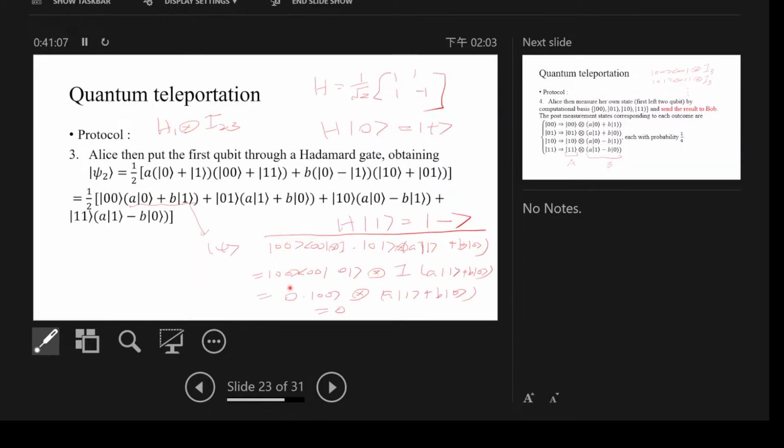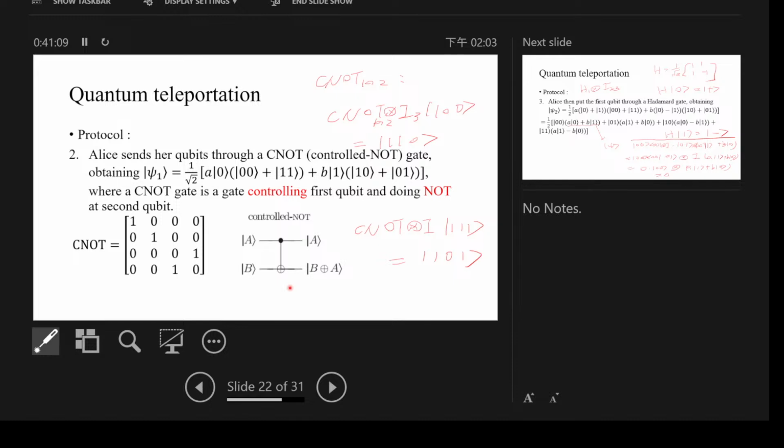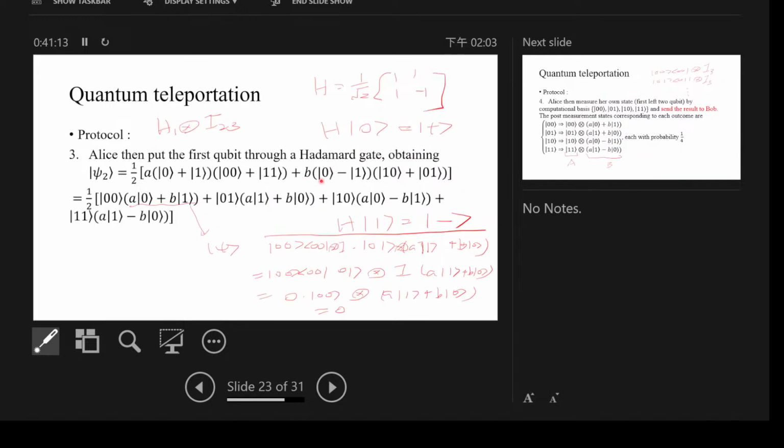Okay. So the first thing Alice does is she does the CNOT gate, and then the second thing she does is now going to be much more complicated. She does a Hadamard gate on the first qubit. So the other two qubits don't get anything.